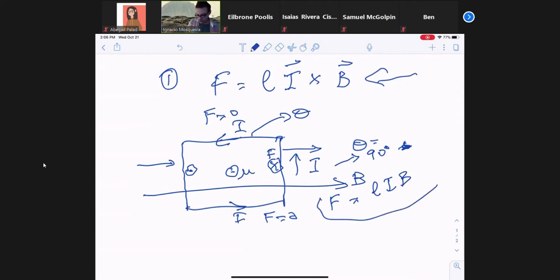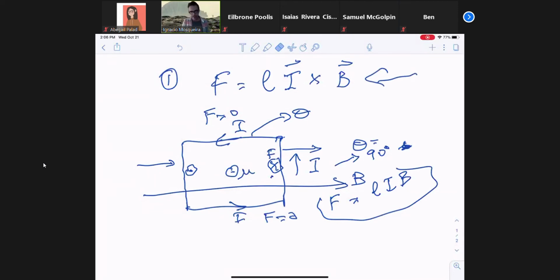Therefore, the magnitude of the vector is L times I times B, and it points into the board. So that's why I drew a cross for the force here. Okay, I, B, my thumb points into the computer screen like that.